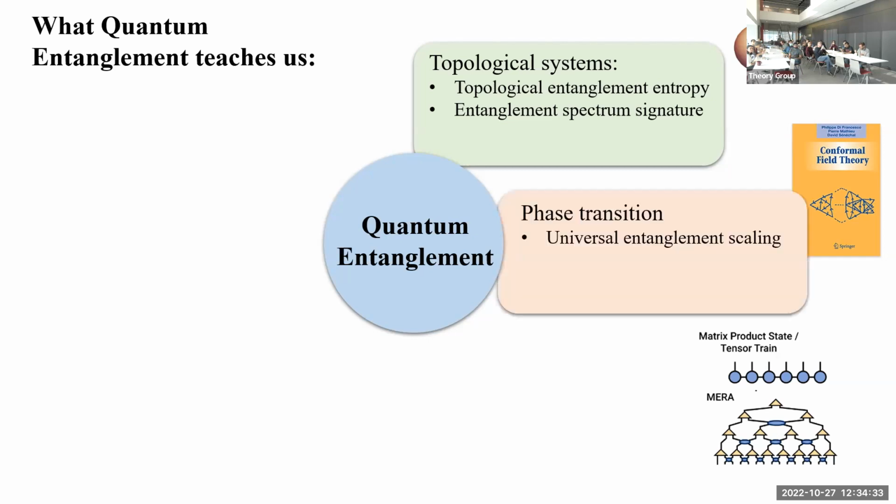Moving on to systems with a phase transition, at the critical point, using methods from topological theory, we know that the entanglement will also take a universal form with a coefficient related to the central charge. Using that entanglement scaling formula, we can know the central charge for the corresponding CFT.